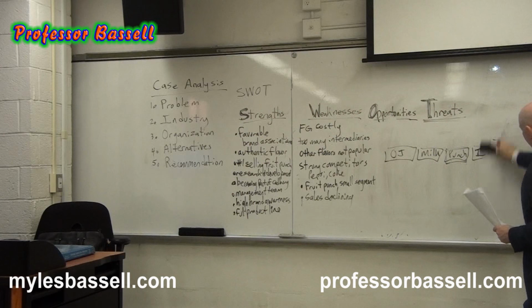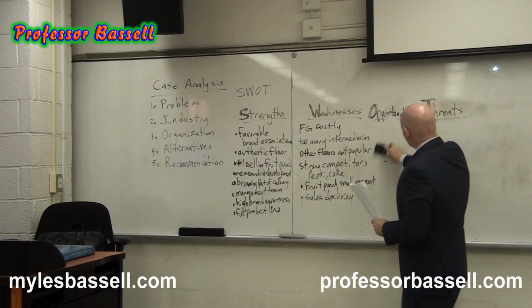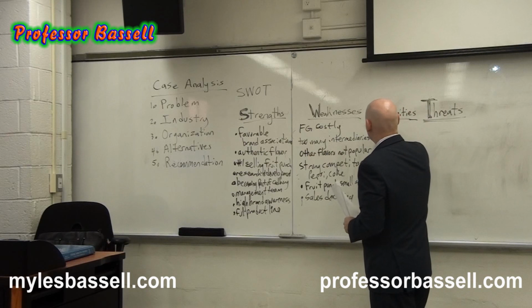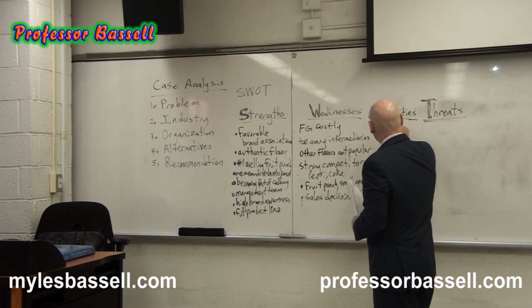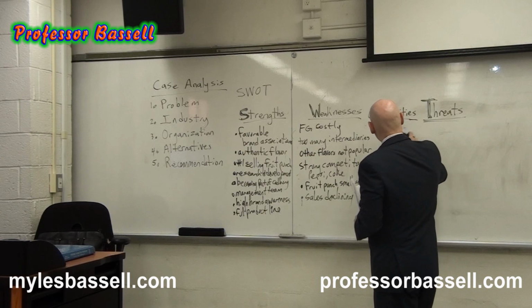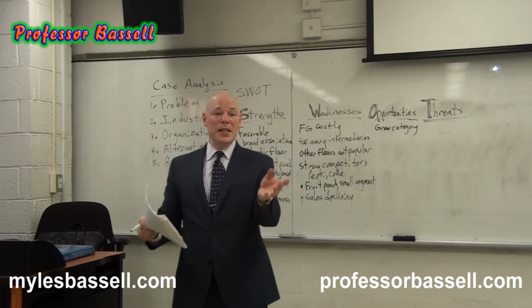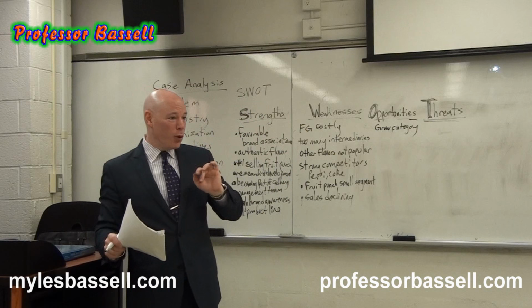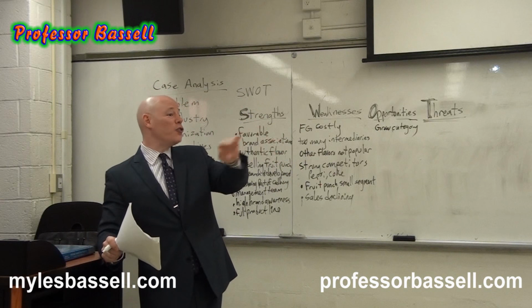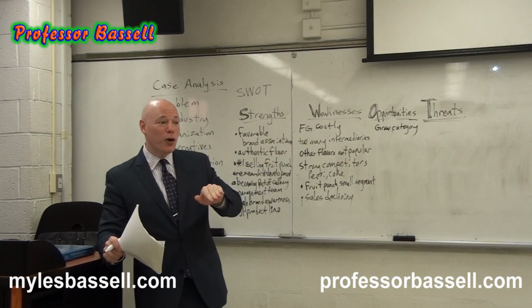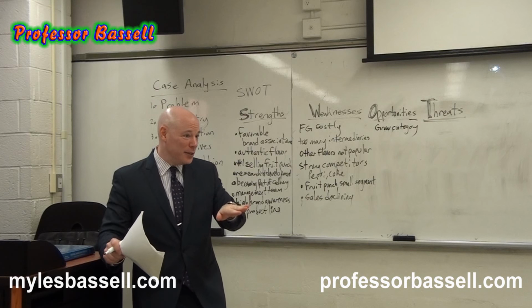It's like both. So you're right, it's a weakness that the category is small for Fruit Punch, but that can also be an opportunity for them. You're right, it is small, but we're going to grow that category.